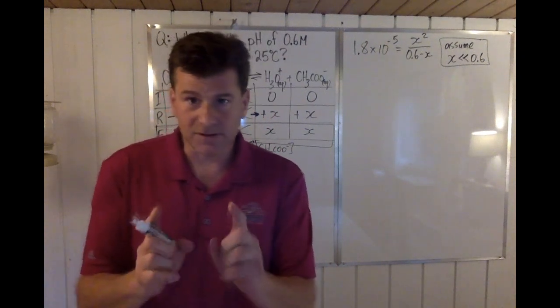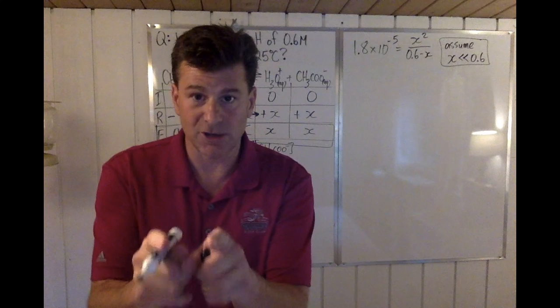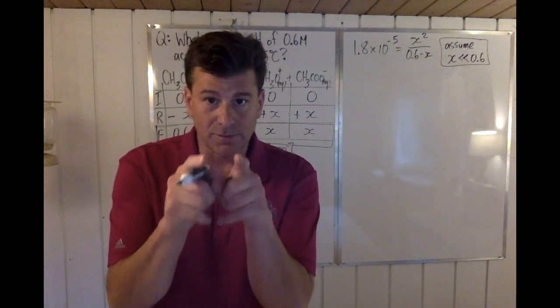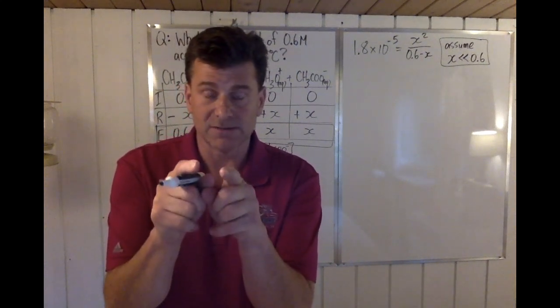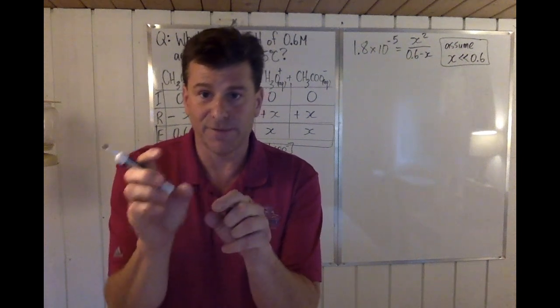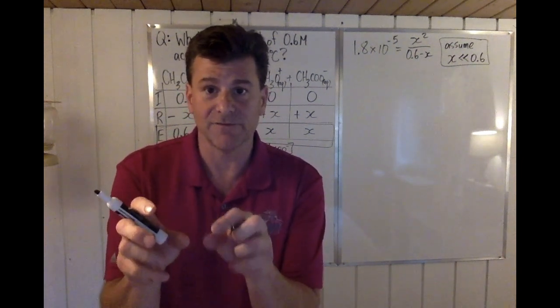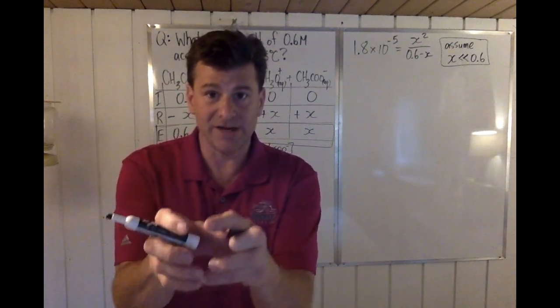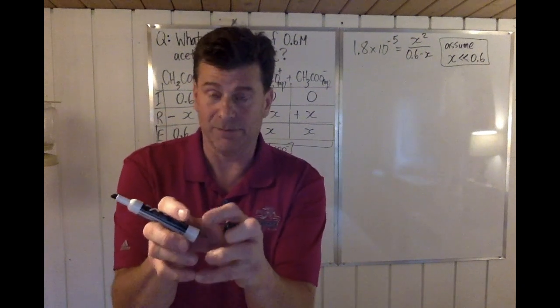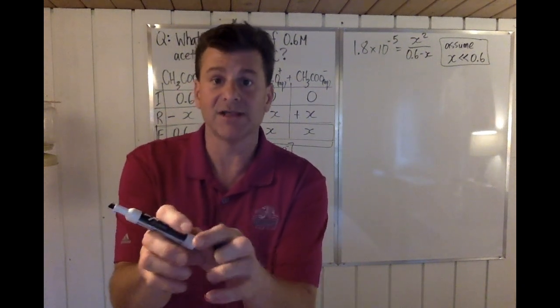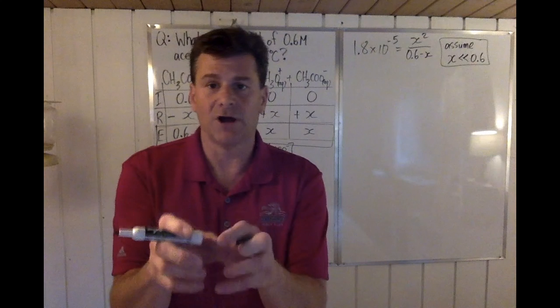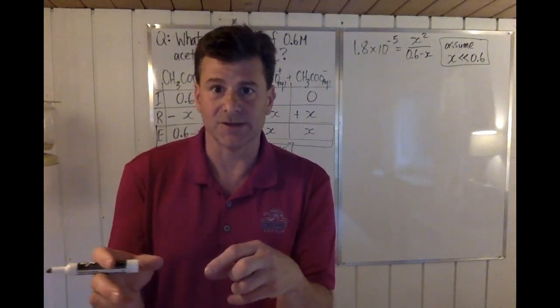And that's kind of the critical thing. You have to focus in on, okay, so this is what we're assuming. It's small relative to this value that we're subtracting it from. Therefore, in this one little bit of the calculation, not all over the place, the value of x will not have an effect on the overall answer.